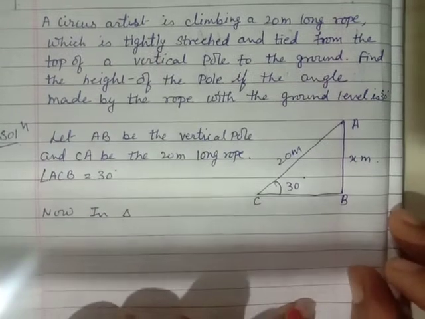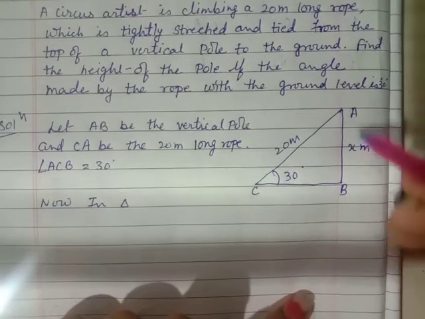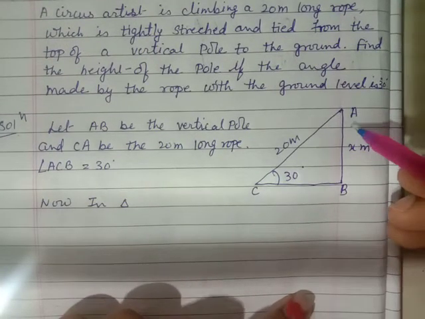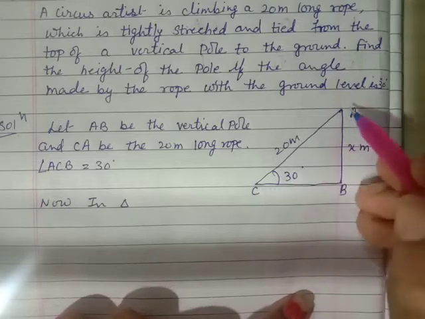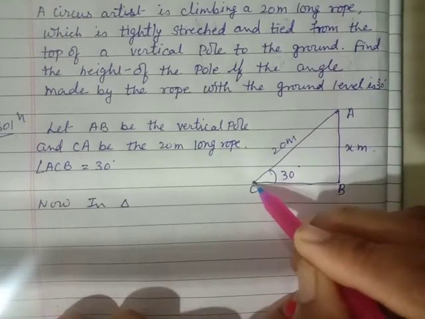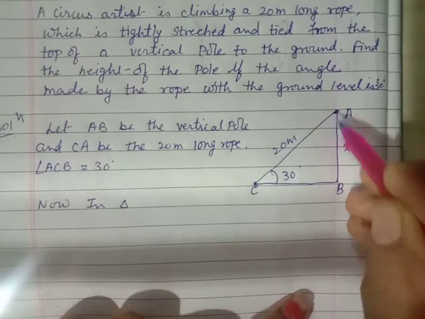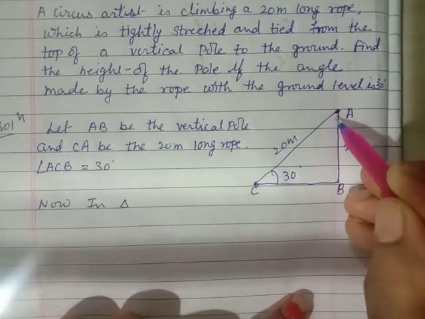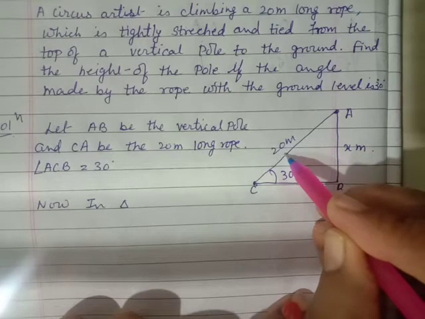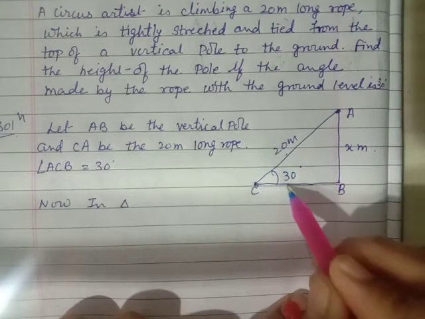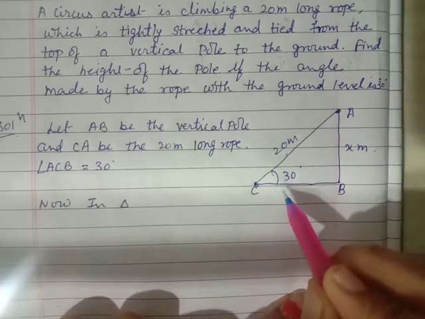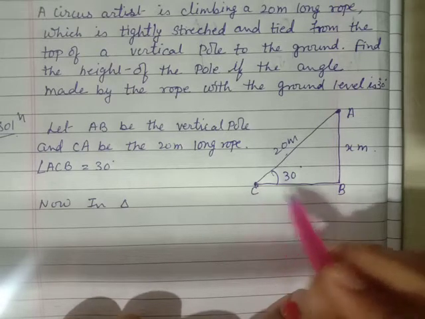See, let us consider AB as the pole. AB is one pole. The rope CA is tied from point C to the top of this pole A tightly, and this rope is 20 meters long, and this rope is making a 30 degree angle with the ground level.